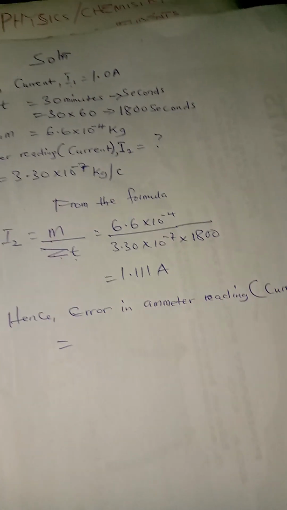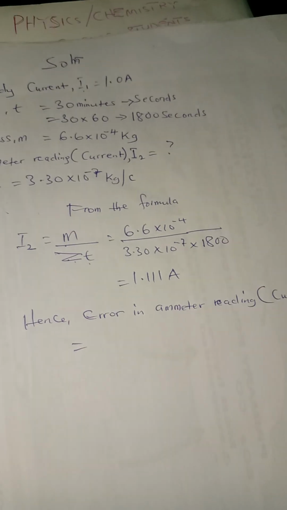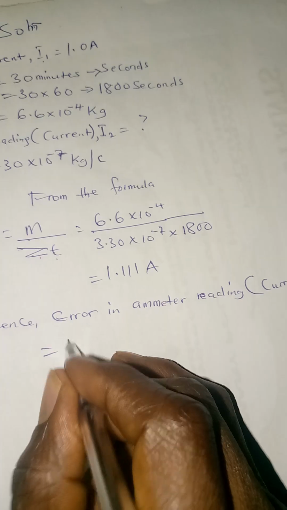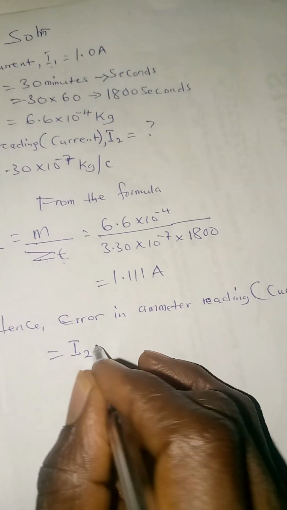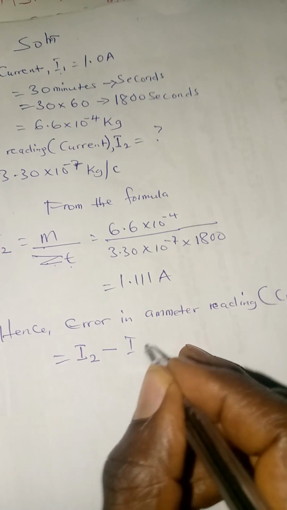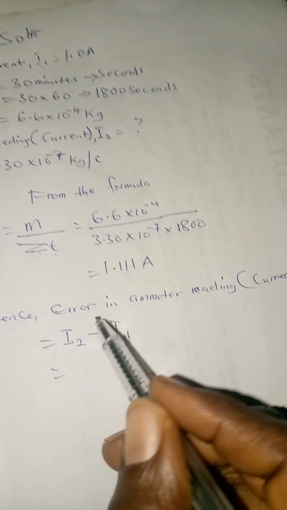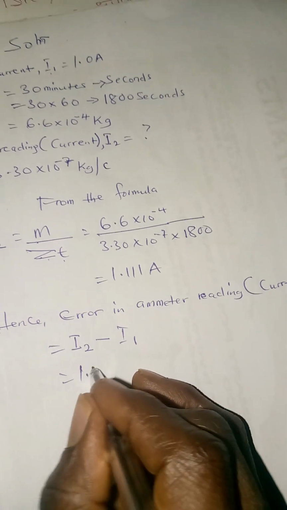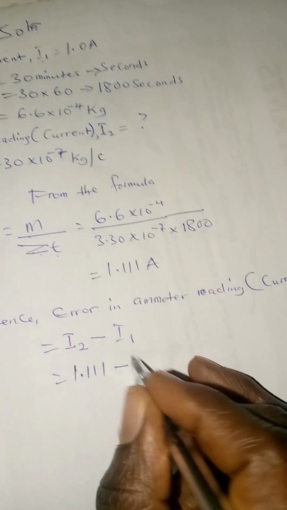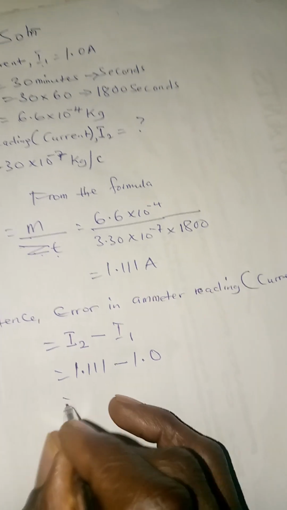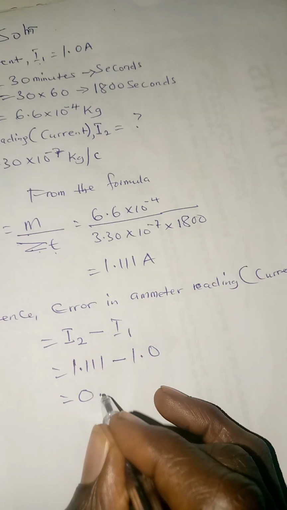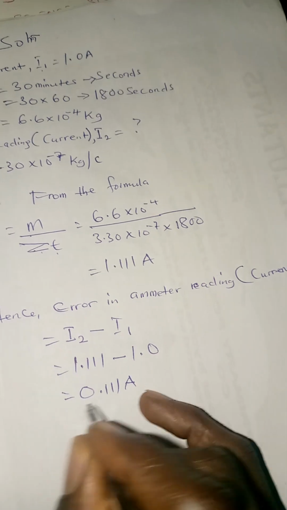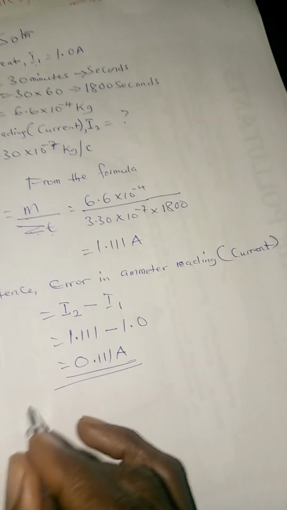In this case, you subtract the steady current from the ammeter reading. So current 2 minus current 1: current 2 is 1.111, minus current 1, which is 1.0, and this arrives at 0.111 ampere. This is the answer.